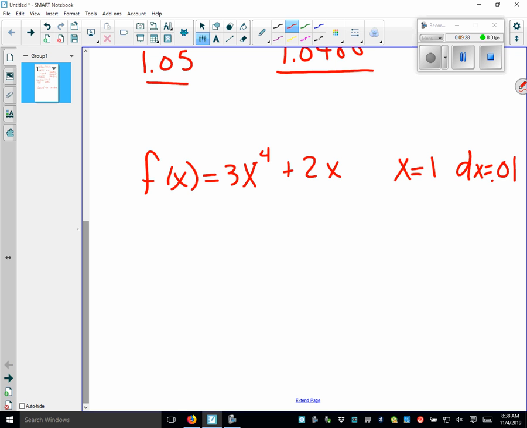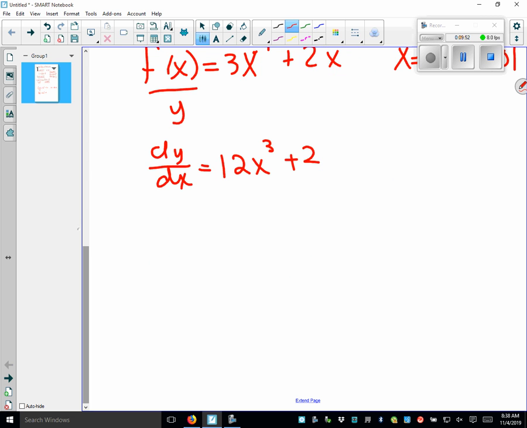Isn't this y? So the derivative of this is dy over dx, which is another way of writing derivative, equal to 12x cubed plus 2. Do you agree? So dy equals 12x cubed plus 2 dx.